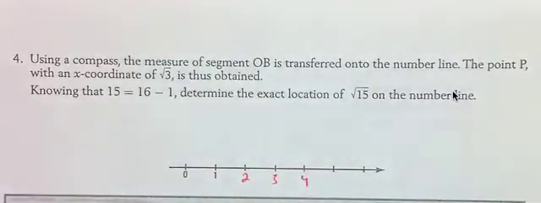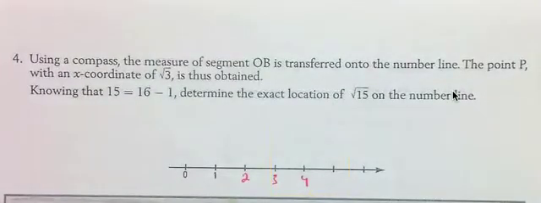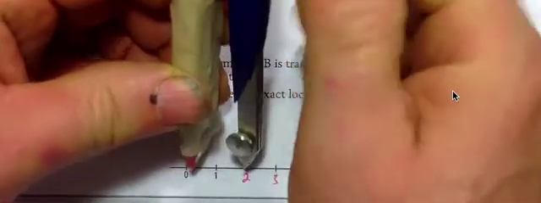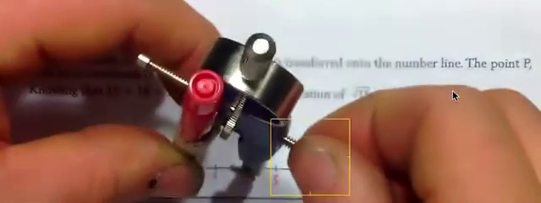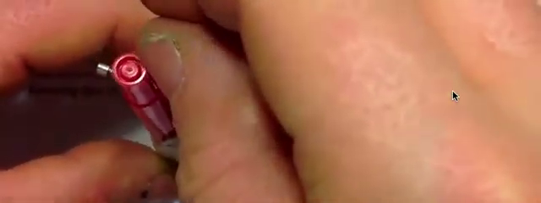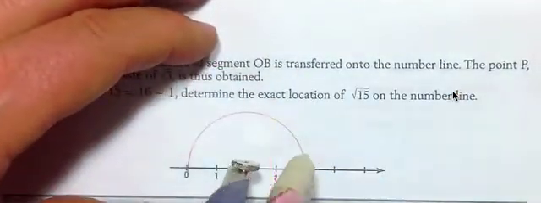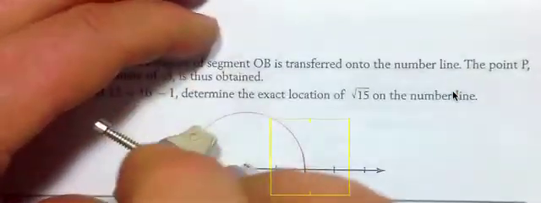So I'm just going to take my handy dandy compass and adjust it. The radius is 2, so the diameter is 4. Okay, something like that.